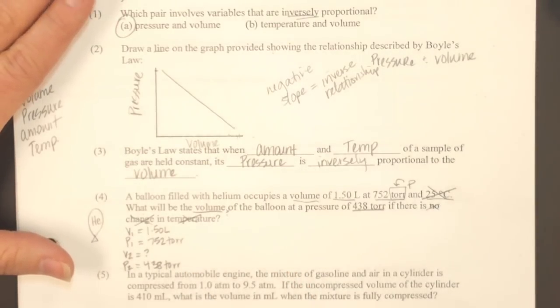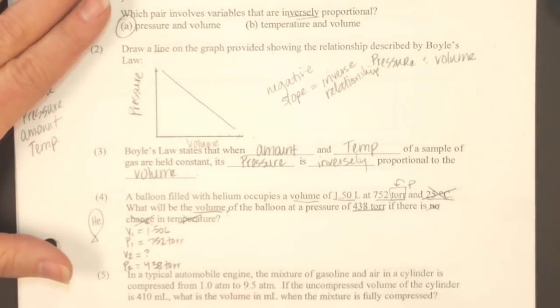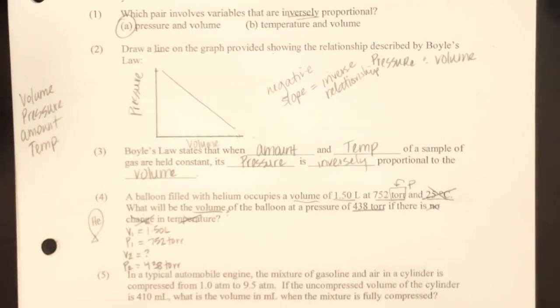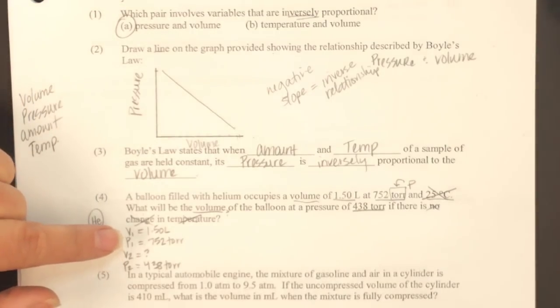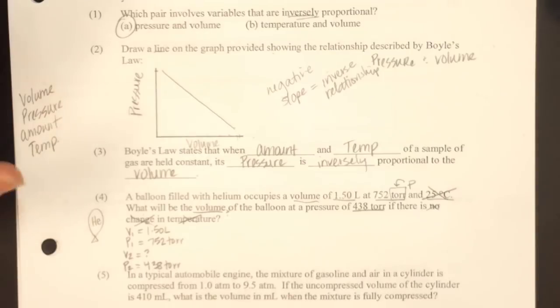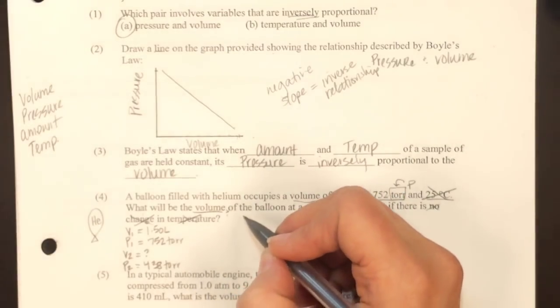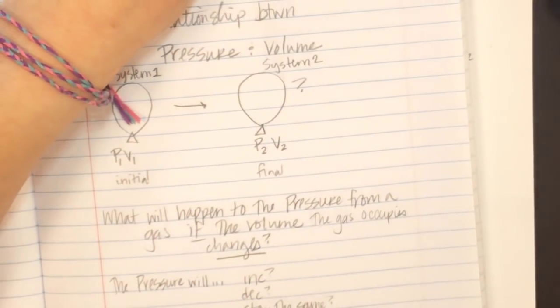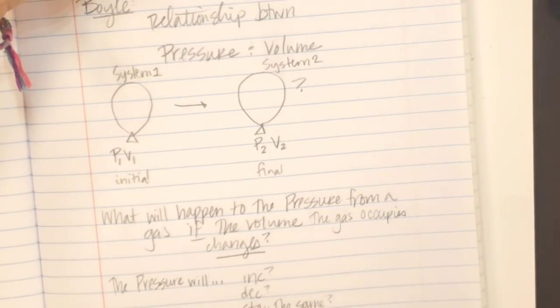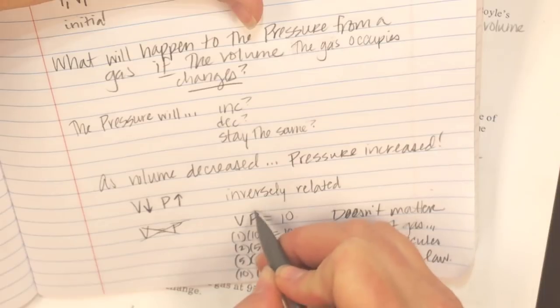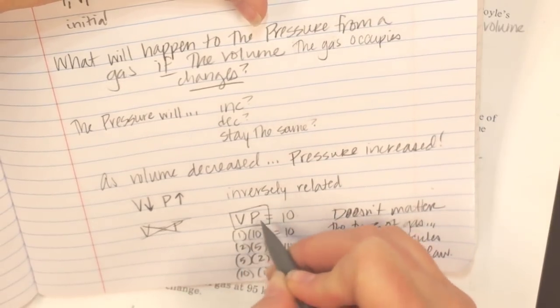All right, V1, P1, V2, P2. I am going to need some relationship. I don't know all of these other variables, but I can use a proportion. That's a math trick. I can set an initial equal to a final. Mathematically, these belong on the same side of the equal sign.